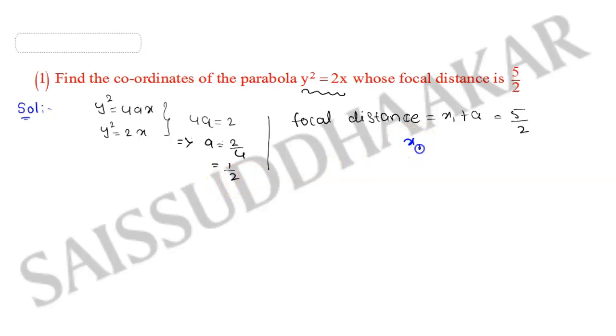Replace here: x1 plus 1 by 2 is equal to 5 by 2. x1 is equal to 5 by 2 minus 1 by 2. For this LCM is 2. 5 minus 1 is 4 by 2, that is equal to 2. So x1 is equal to 2.